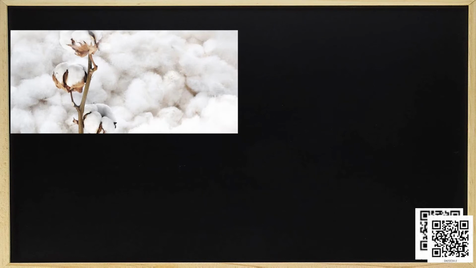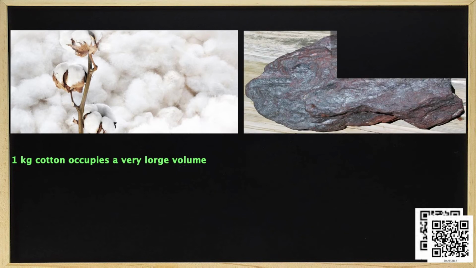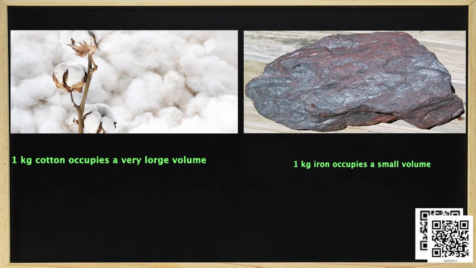If you see the pictures, 1 kilogram cotton occupies a very large volume, whereas 1 kilogram iron occupies a small volume, but the weight of both is the same. It means weight being the same, different things occupy different volume.